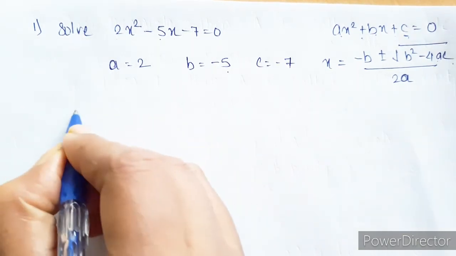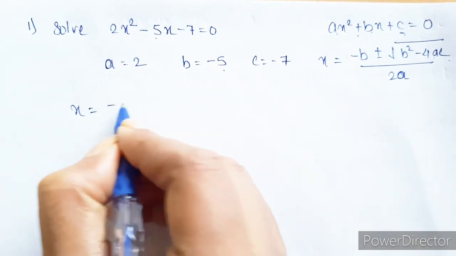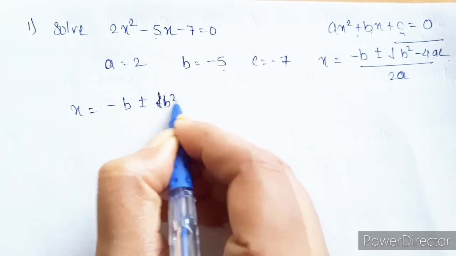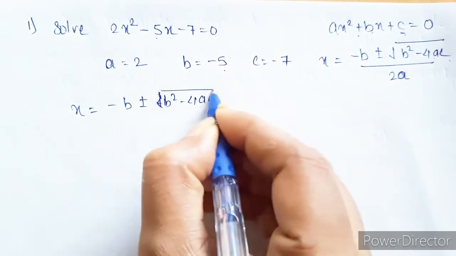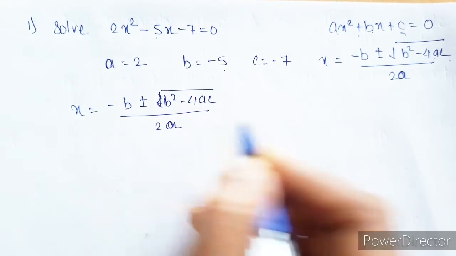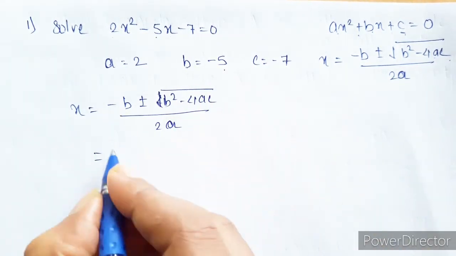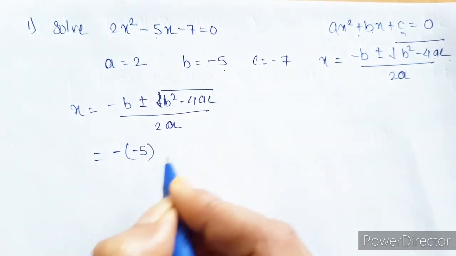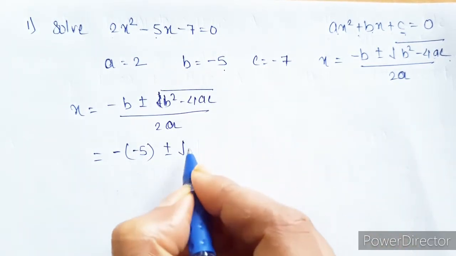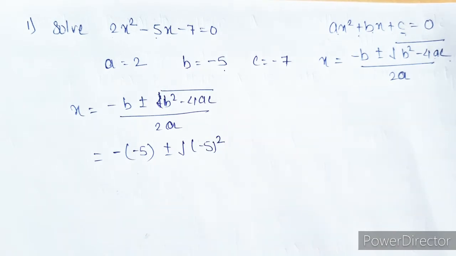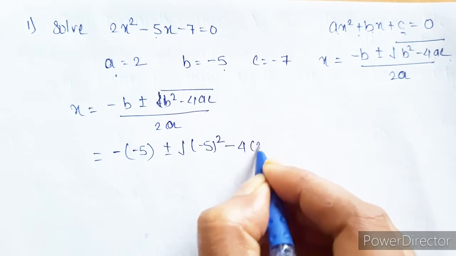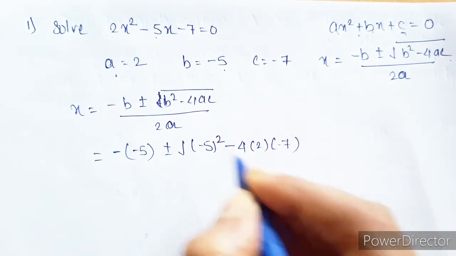Now let us substitute this in the formula. What we have is minus b plus or minus root of b square minus 4ac upon 2 times a. So minus, as it is, b is minus 5, plus or minus b square minus 4 times a, that is 2, and c is minus 7.